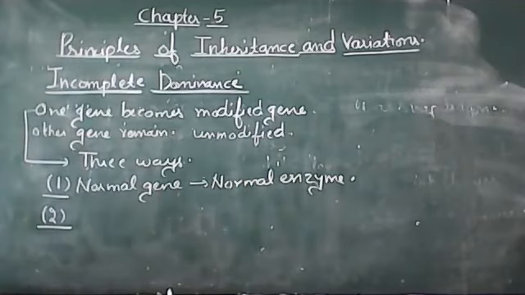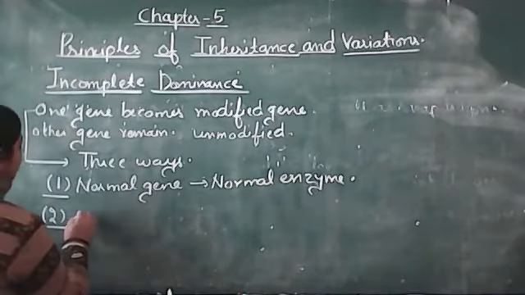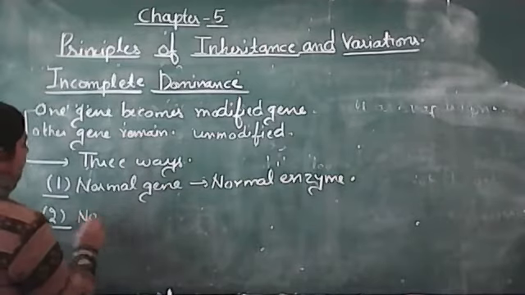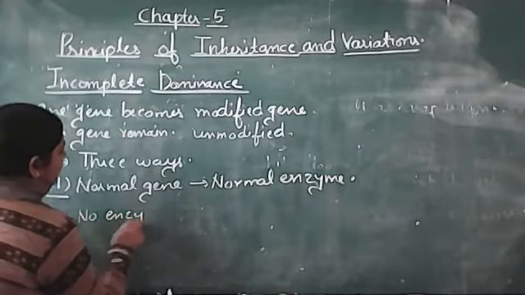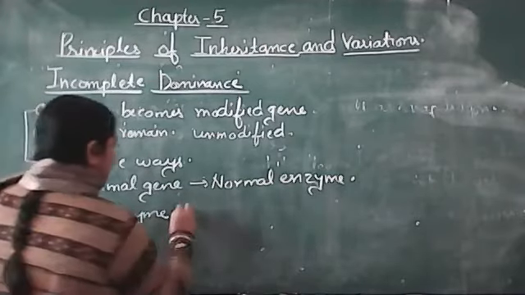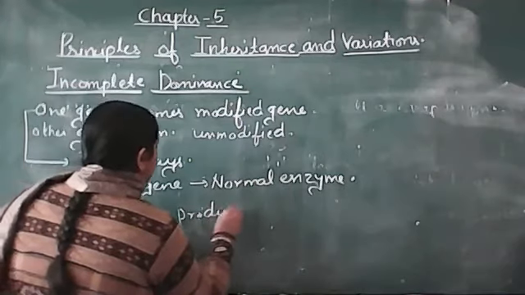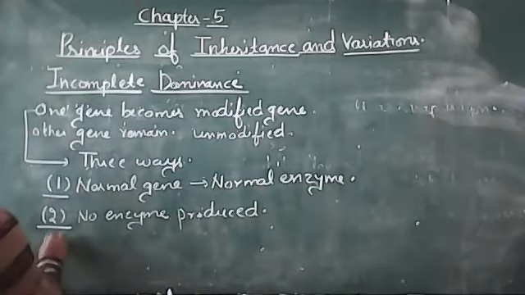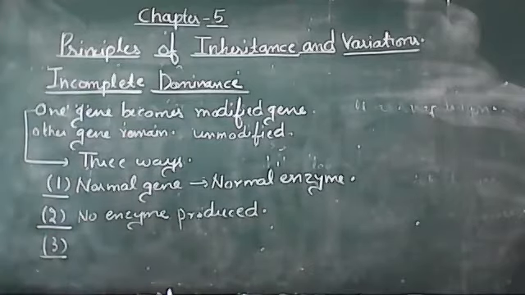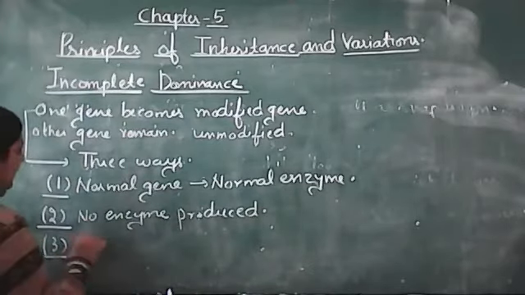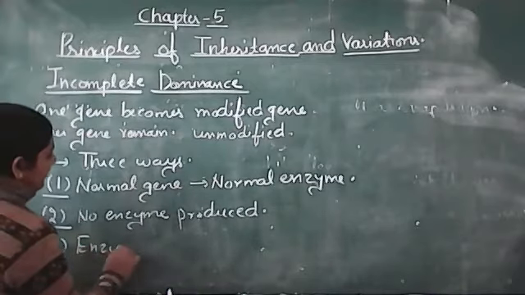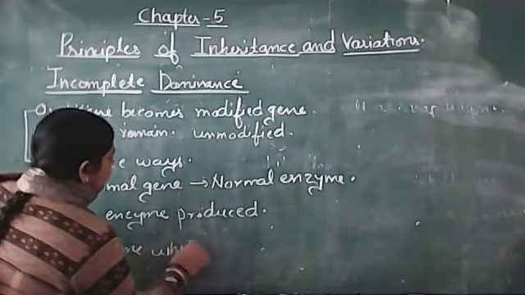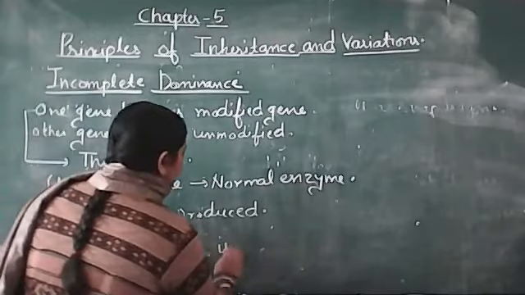This modified gene cannot produce any enzyme, so no enzyme is produced by the modified gene. And what is the third case? It produces an enzyme which is less efficient.